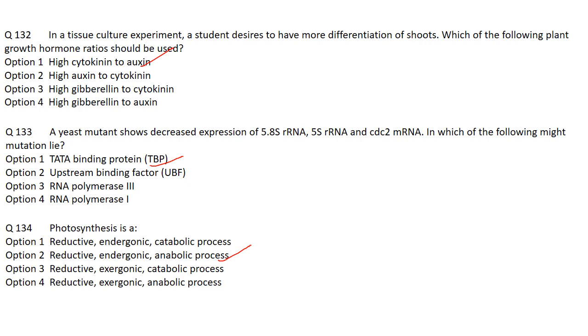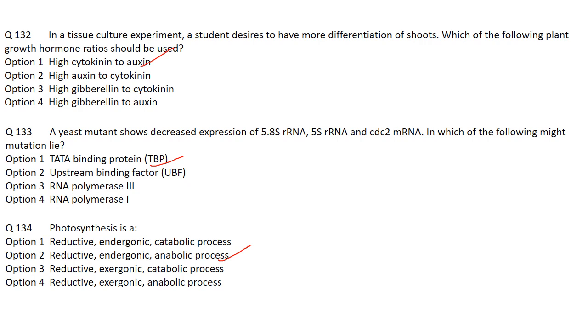Only then initiation of transcription by RNA polymerase 1, 2 and 3 will take place. Now, if all three polymerases are not able to synthesize the required RNAs, it means that the TATA binding protein itself is mutated. So answer will be option 1.